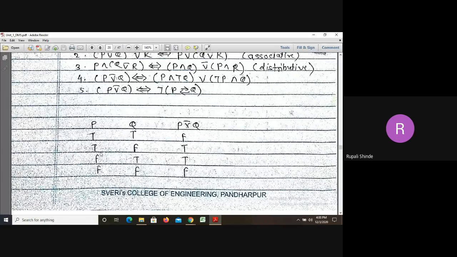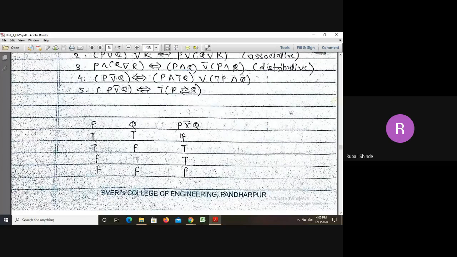For P biconditional Q, it is T F F T. Now check here. If you apply that negation here on P XOR Q, you will get T F F T. Means what?